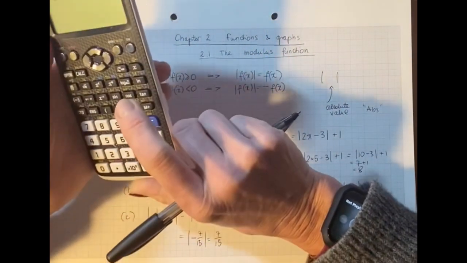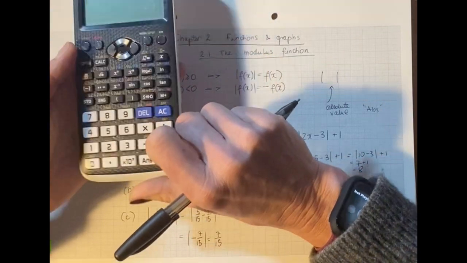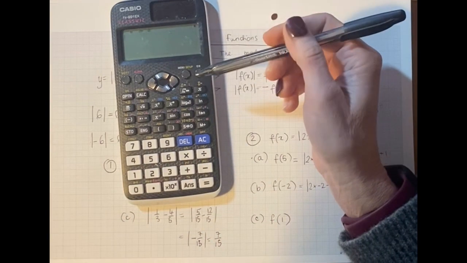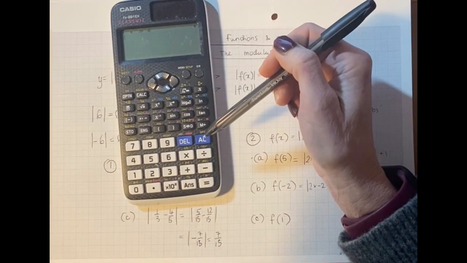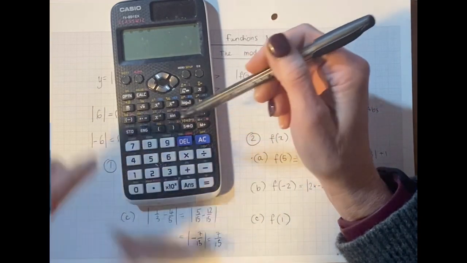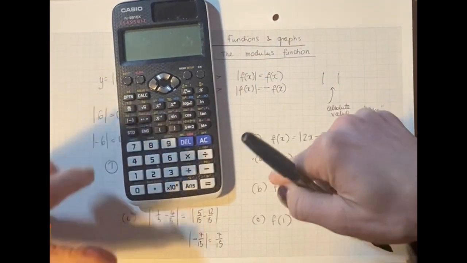So if I show you, to find the absolute value, do it with a calculator. Looking for the ABS symbol, which is there. Okay, so it's only open brackets. Let's put minus 2 first.